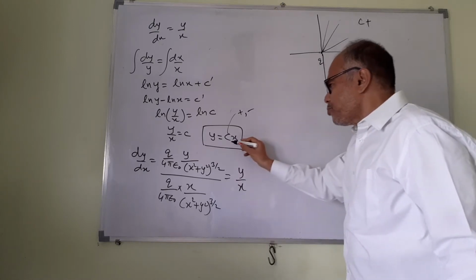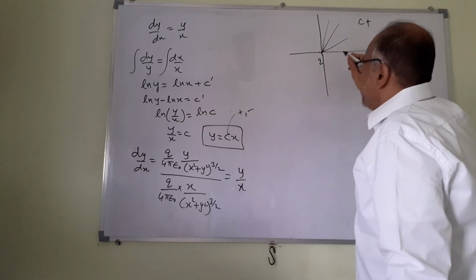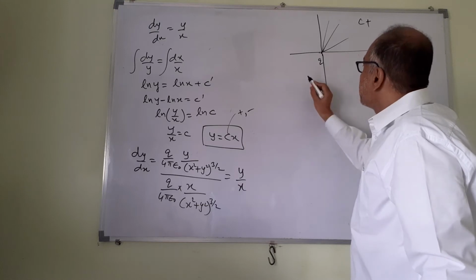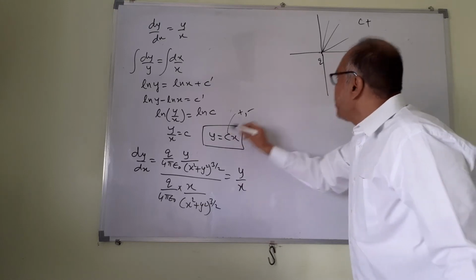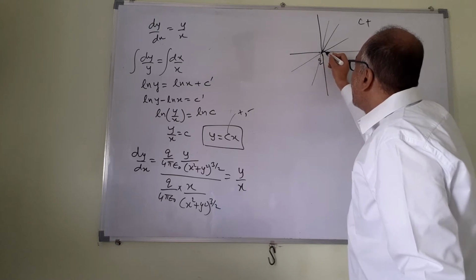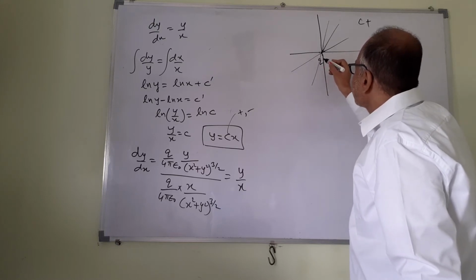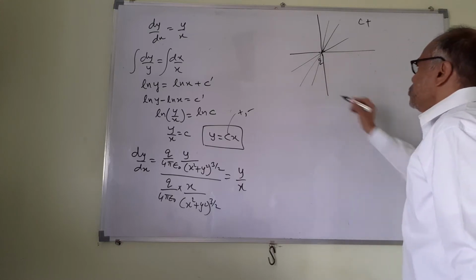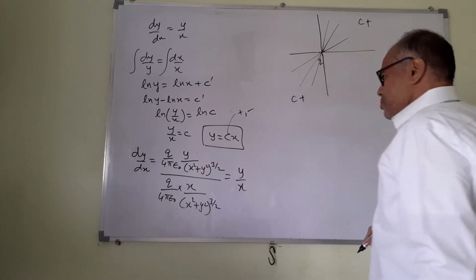When c is positive, this is the first quadrant. In the first quadrant, x and y are positive. In the third quadrant, x and y both would be negative, so it would be the continuation of these lines like that. So c will be positive here also.